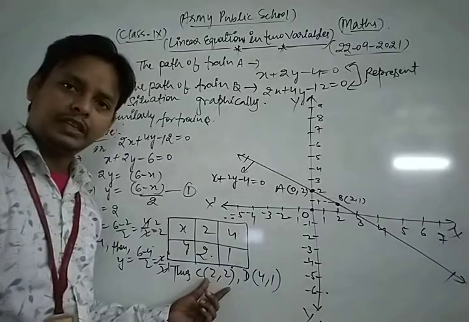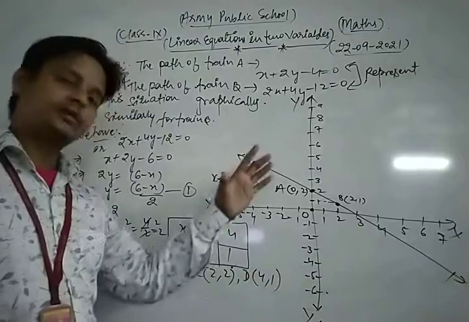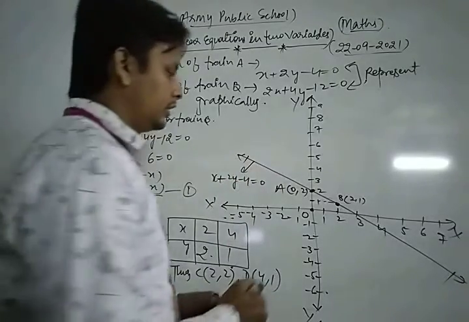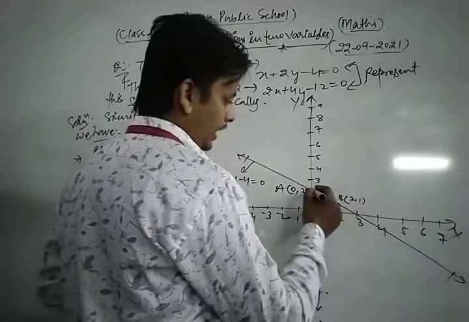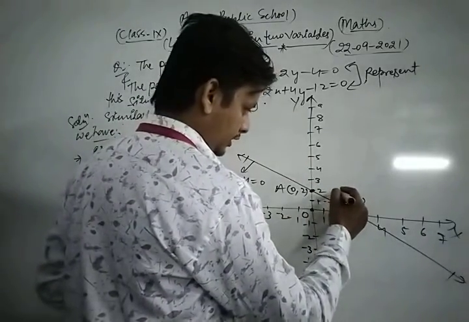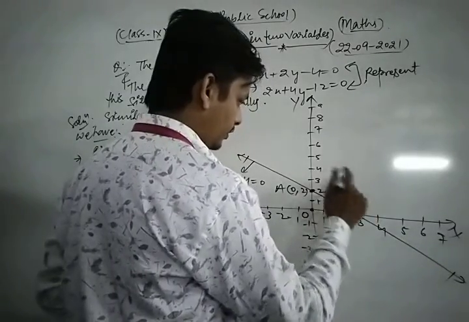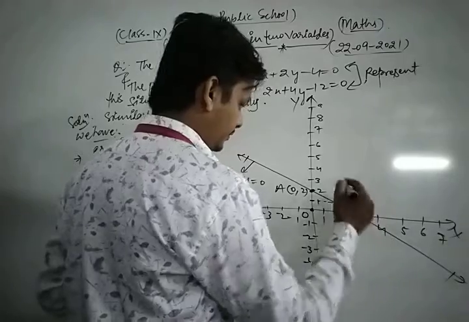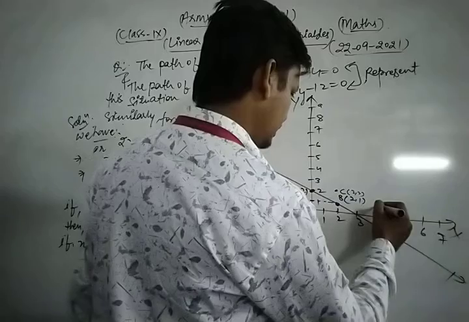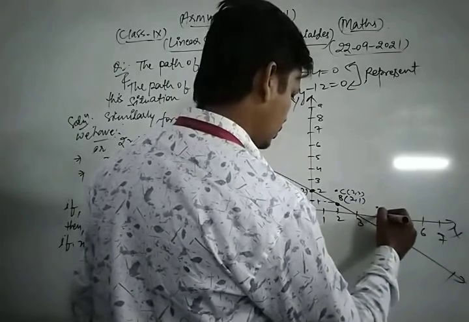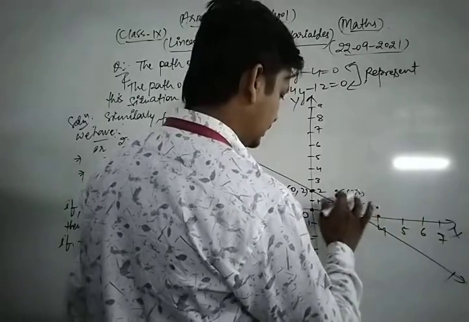This is the coordinate of C, (2, 2), and this is the coordinate of D, (4, 1). For (2, 2), we go 2 on the axis in the positive direction, and this is the position of point C. For (4, 1), 4 is there and 1 is there. So this is the position of point D.